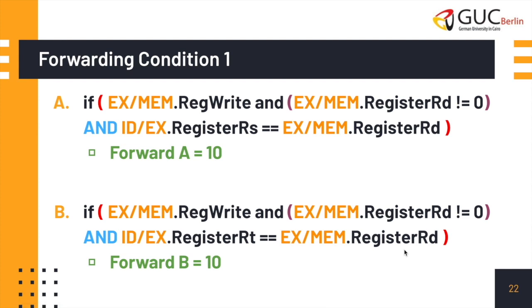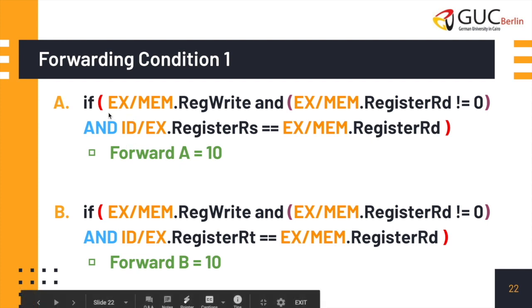So here I'm checking on what? n+2 and n+1. I'm making sure in both conditions that if rs or rt of n+2 is equal to the rd of n+1, so I'm having two consecutive instructions, I need to make sure of two things: that the regwrite of the instruction n+1 is equal to 1, and the register destination rd of instruction n+1 is not register 0.